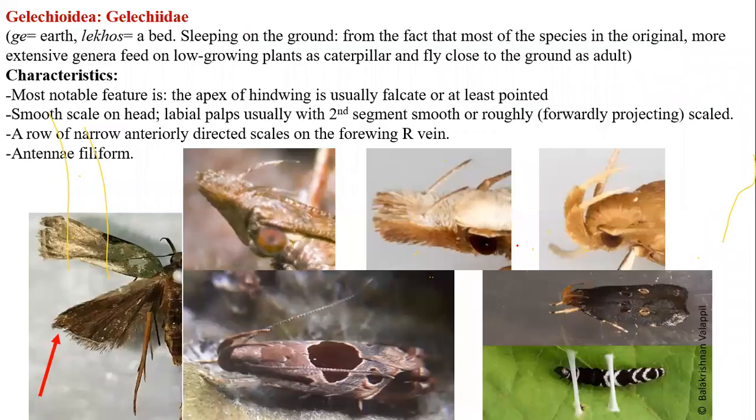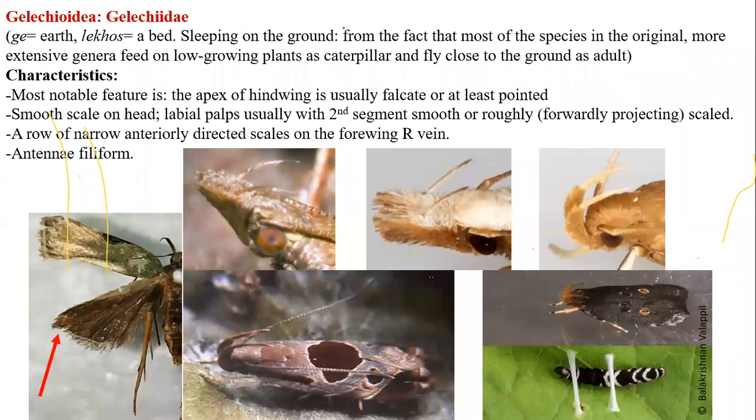Now, the next family, Gelechiidae. The family name is derived from two Greek words, ge, which means earth, and lekhos, which means a bed. The word actually means sleeping on the ground.